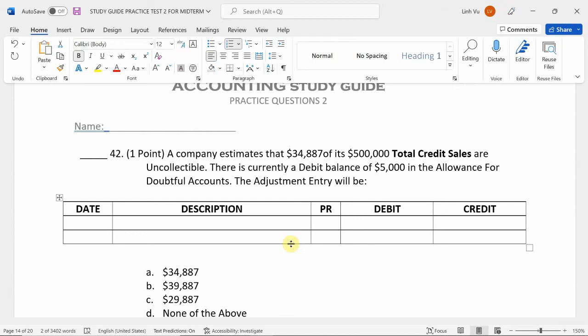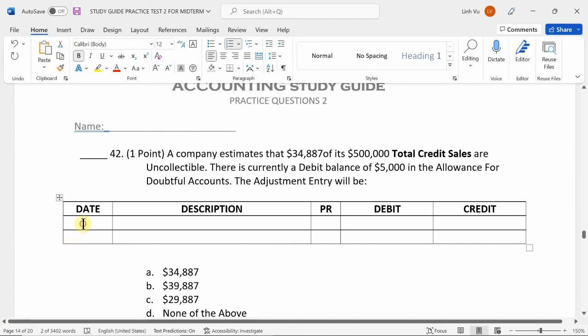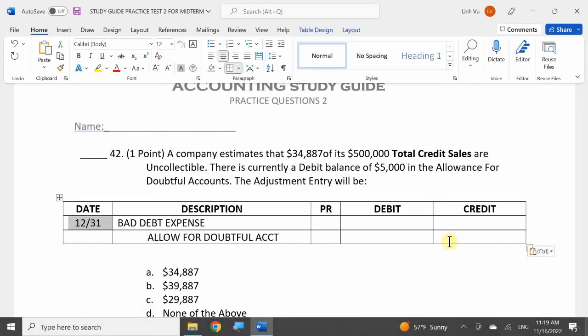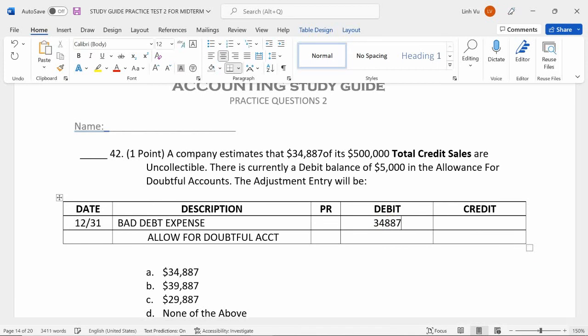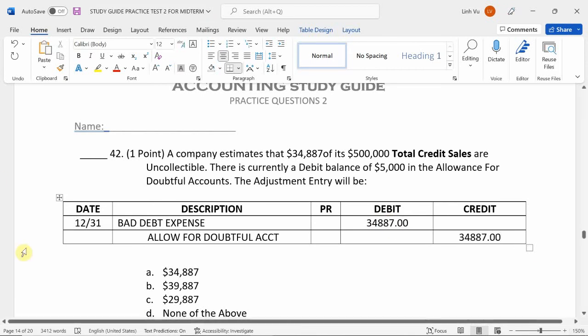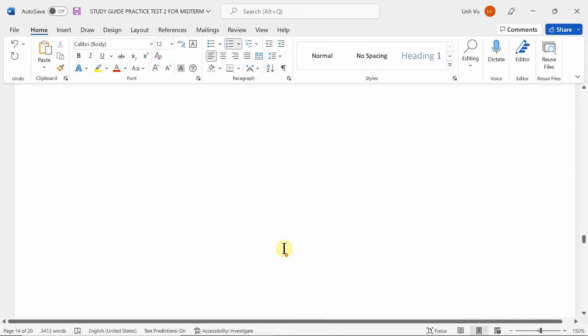So therefore, whatever balance there is in the allowance for doubtful accounts, we don't care. So therefore, we only care about the estimated amount of the 34,887. So in this case, this is going to be 34,887.